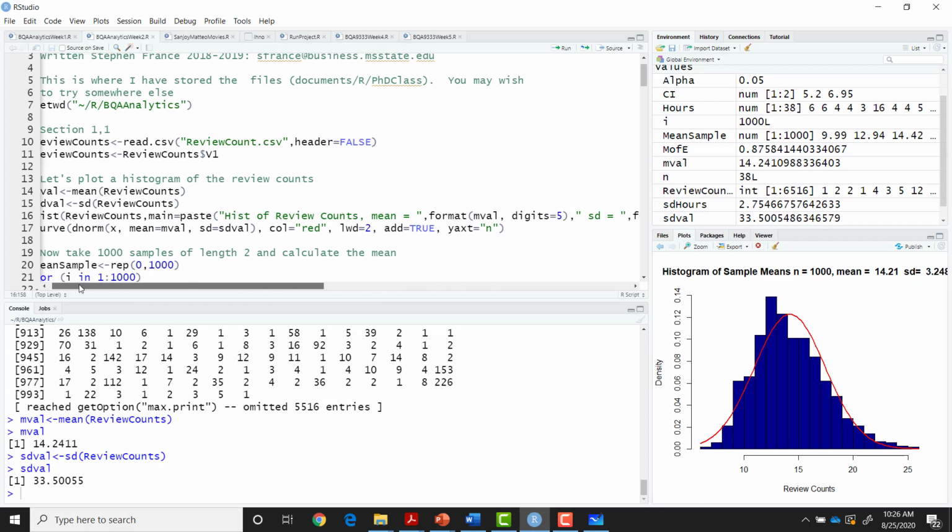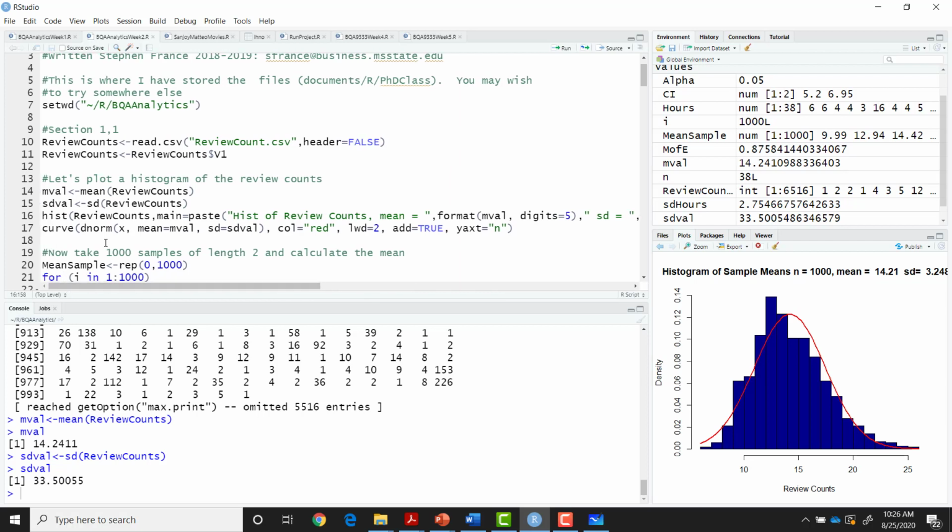And so what we're going to do is use the dnorm function, and that is going to draw a red normal curve on top of my distribution. So dnorm will give you the values for the normal distribution if you supply it the x's, and lwd tells me how thick it should be, and add just means I add it to the existing histogram.